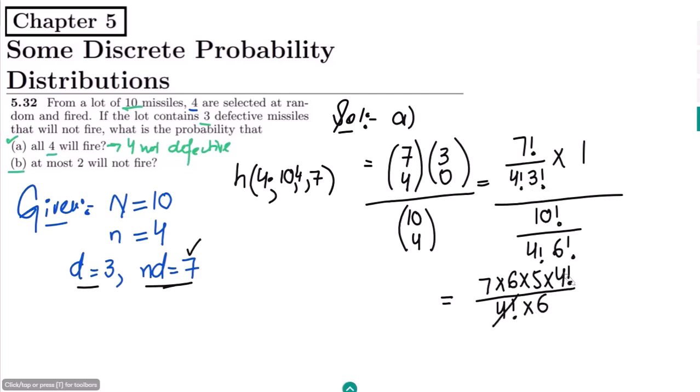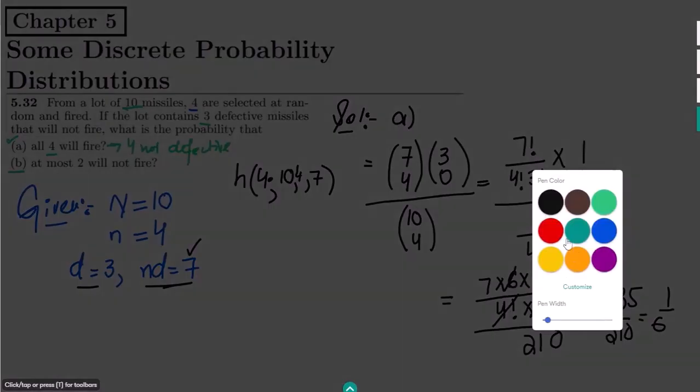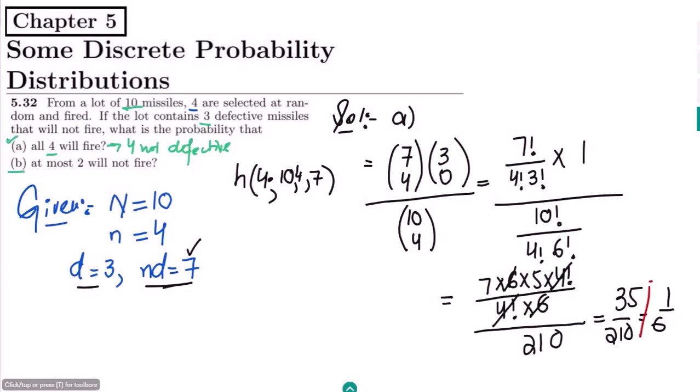This will cancel out with this one, so it would be 35, and the denominator when you calculate it would be 210. So it would be 35 divided by 210, and solving it gives me 1 by 6. So the probability for part A of my question is 1 by 6.